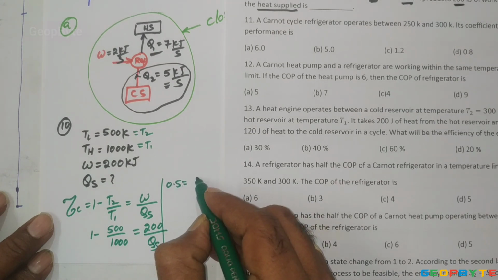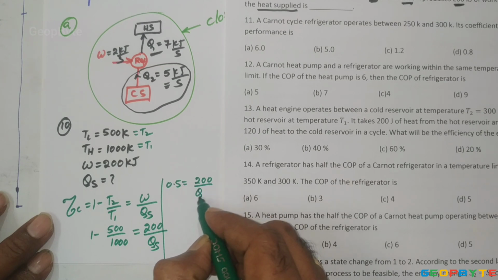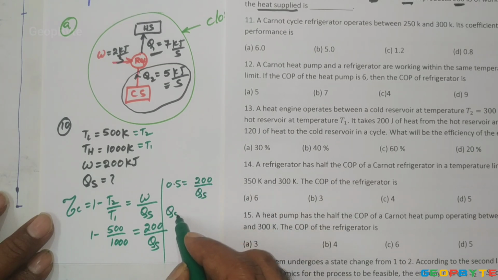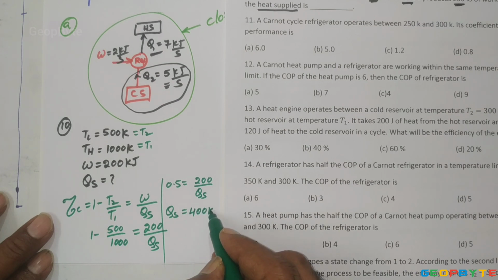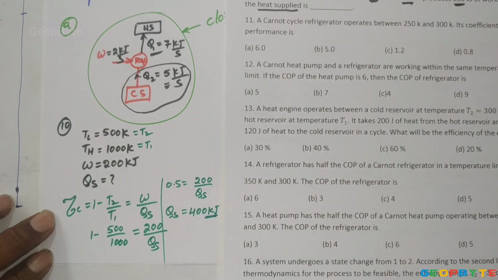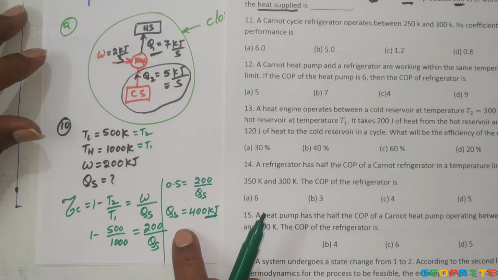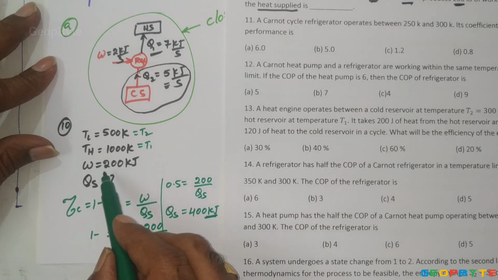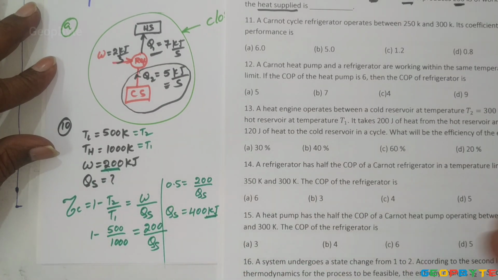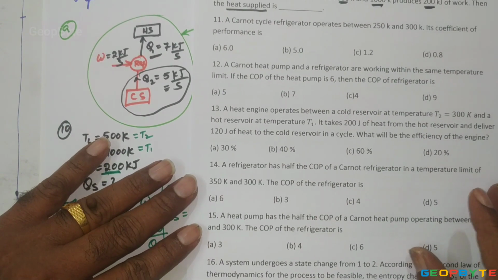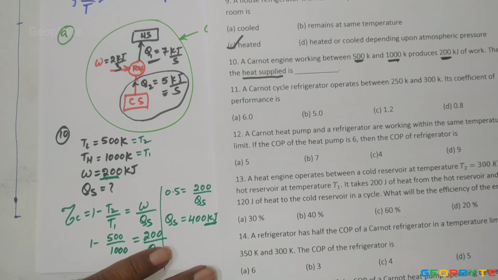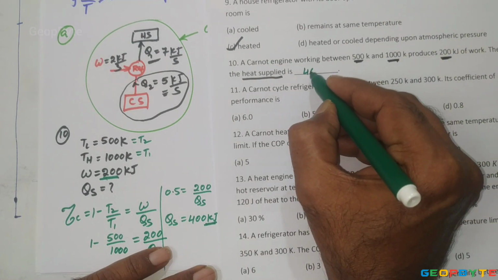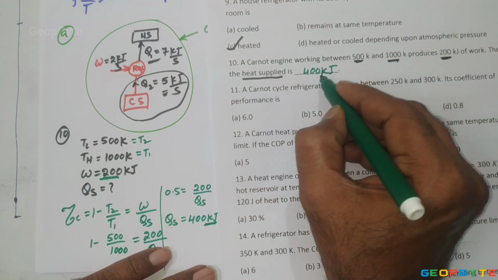So 0.5 equals 200 by heat supplied. Therefore, heat supplied equals 200 by 0.5 equals 400 kilojoules. That is the heat required by the heat engine for producing 200 kilojoules of work. Therefore, the option is 400 kilojoules. That is the answer.